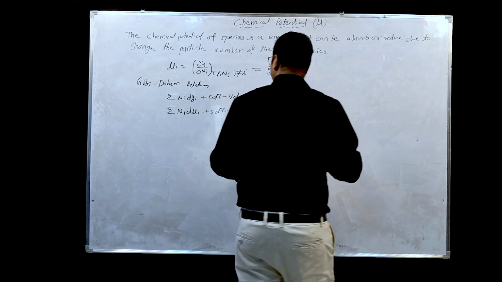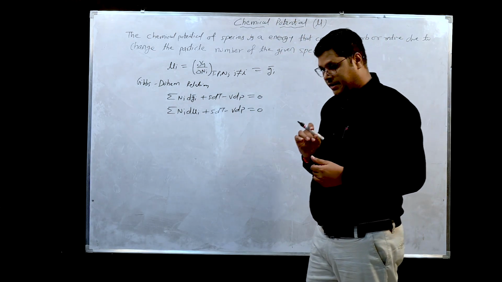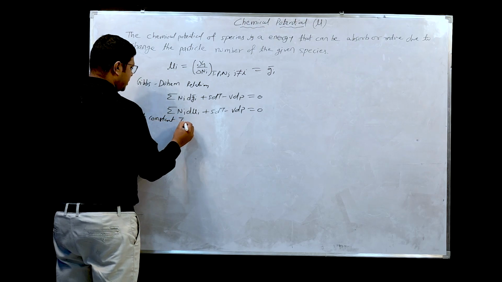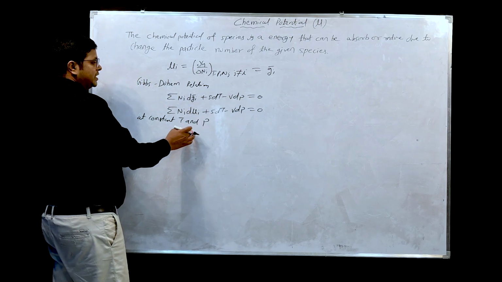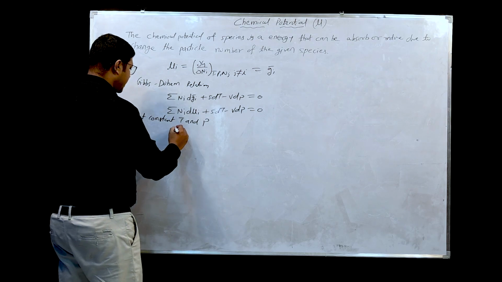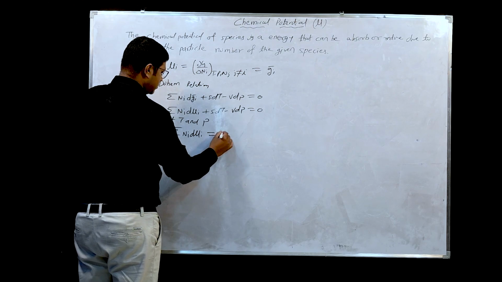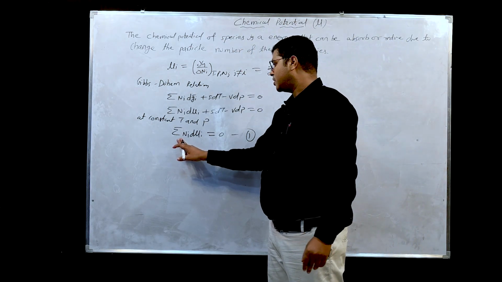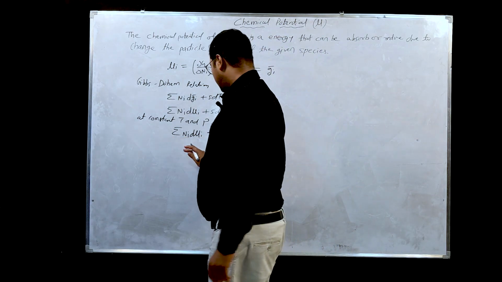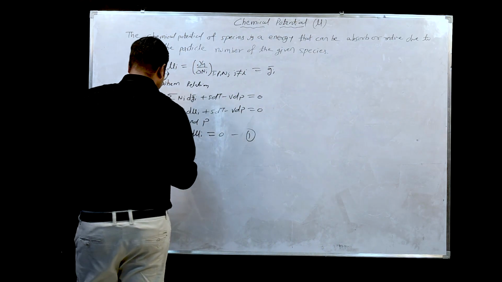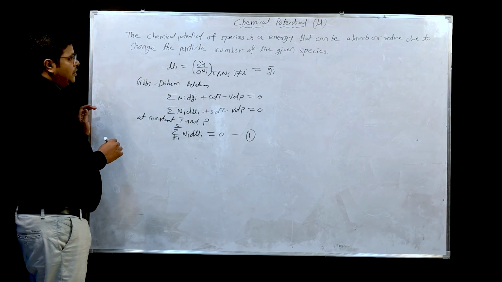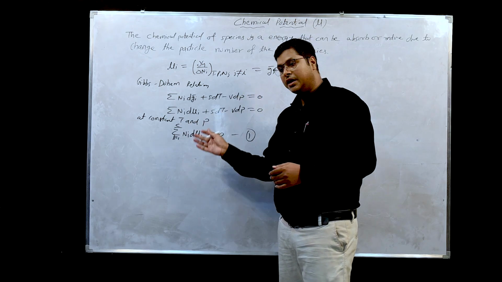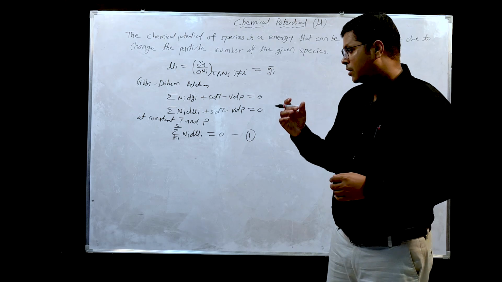At constant temperature and pressure, sigma of Ni dμi is equal to 0, where i goes from 1 to C. This is the relation we use for the further calculation of numerical problems.